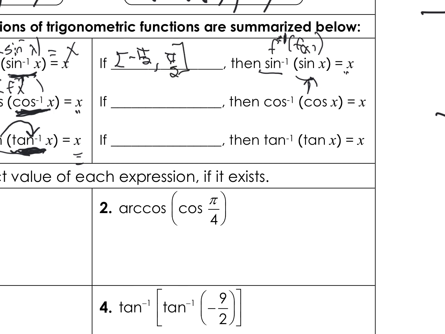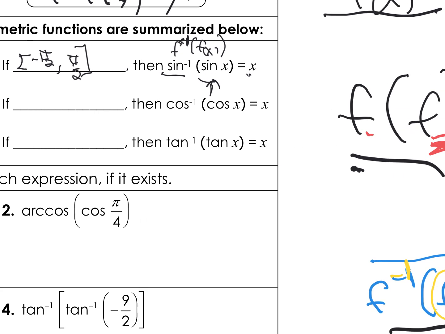If you recall, we were only graphing sine from here, and we literally stopped here. We stopped here, then we stopped here. Remember? That's all we graphed of sine, only up to pi over 2 and negative pi over 2.